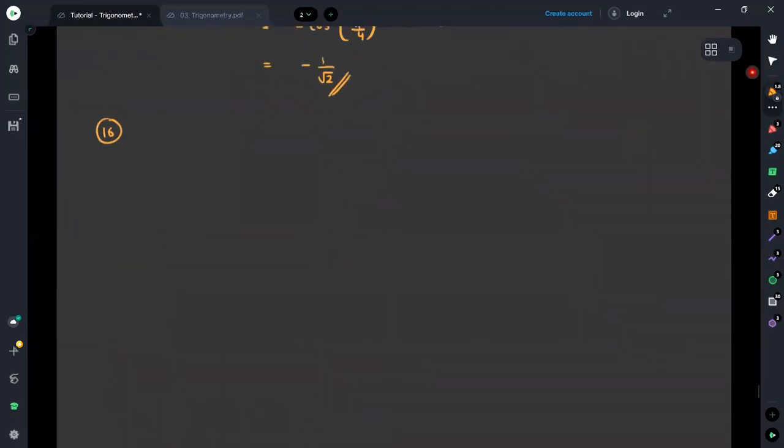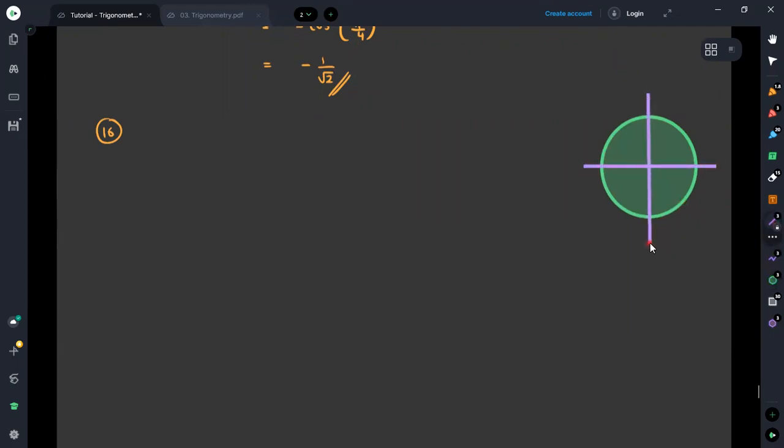Here, if you have four quadrants in this way, and you are measuring starting from 0, they are saying that theta can go up to 5π over 2, including this line, but greater than minus 5π over 2.